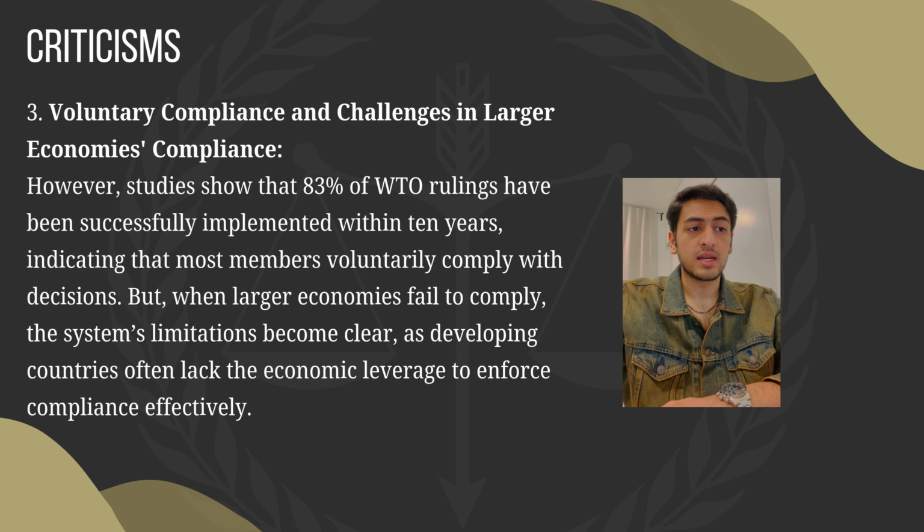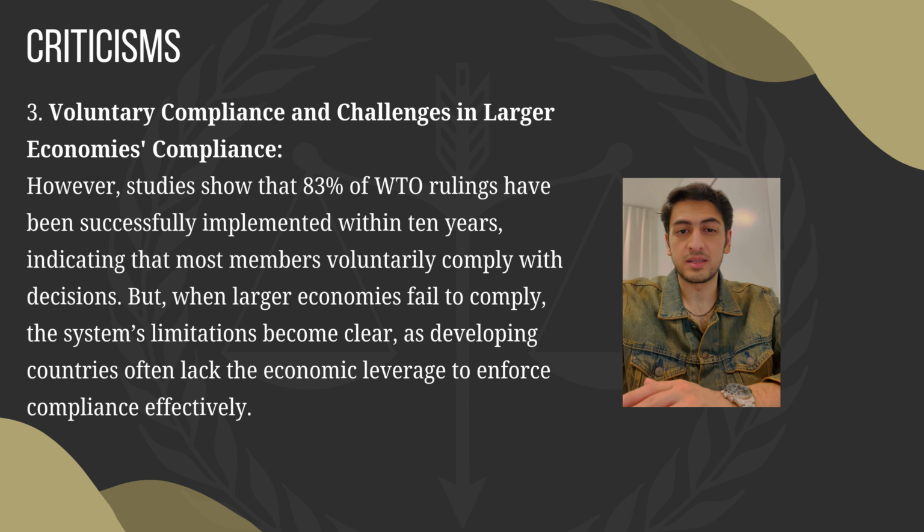A study shows that 83% of WTO rulings have been successfully implemented within 10 years, indicating that most members voluntarily comply with decisions. However, when a larger economy fails to comply, the system's limitations become clear, as developing countries often lack the economic leverage to enforce compliance effectively.